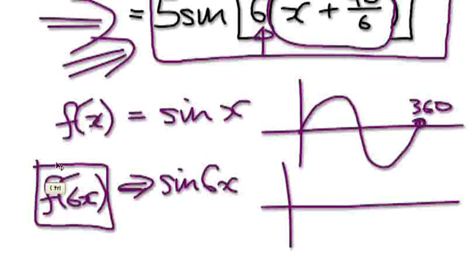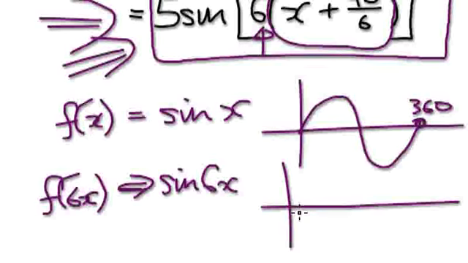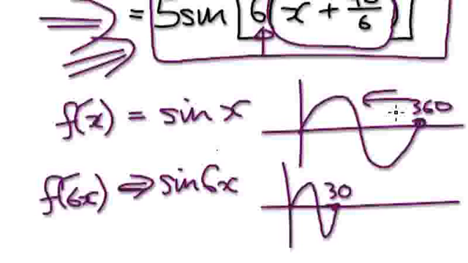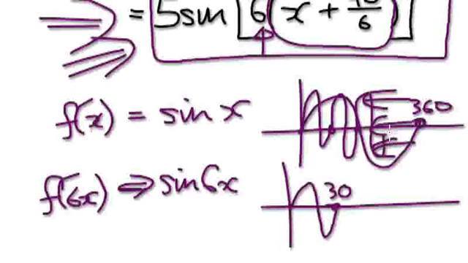After applying this transformation, the period would be 360 divided by 6. So now our period is 30. Okay? So in effect, you are squeezing everything inwards by 6. So you're going to have 6 periods here inside this thing here.